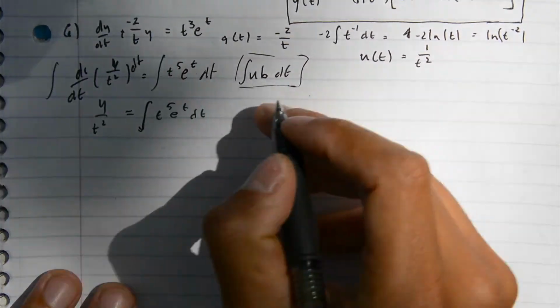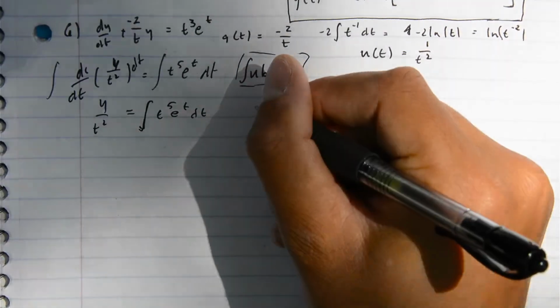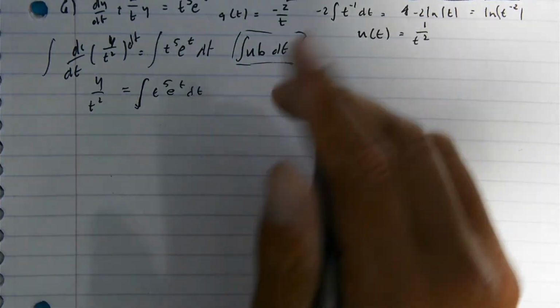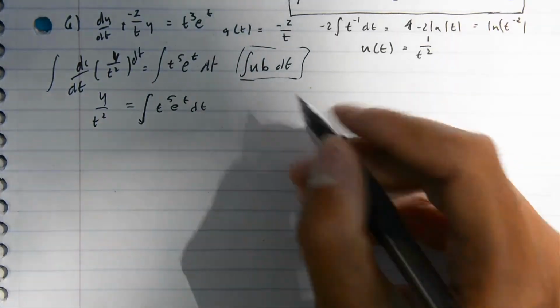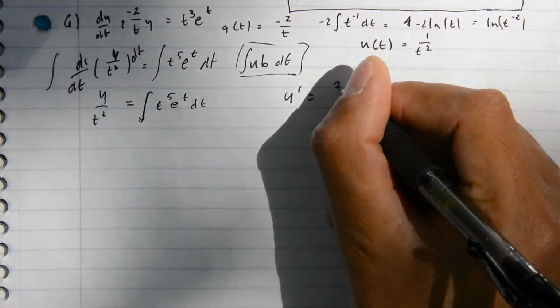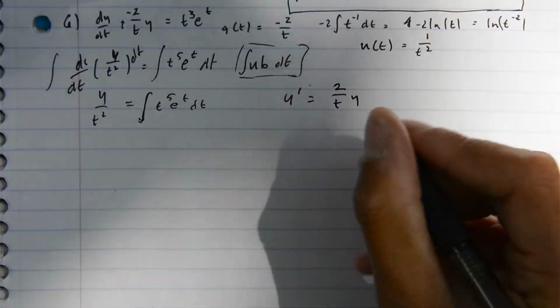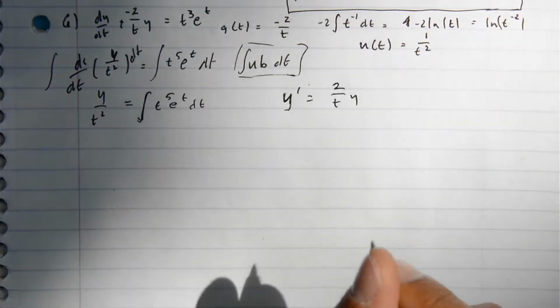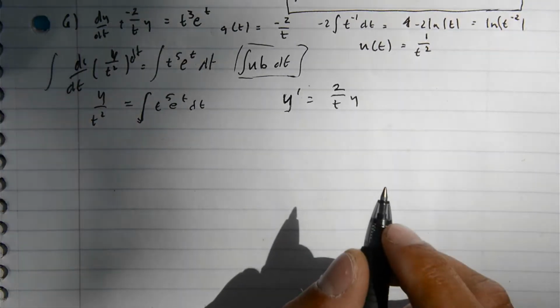All right, so let's try to guess this. If we go back and try to guess the solution, the homogeneous equation is y prime is equal to 2 over t times y.